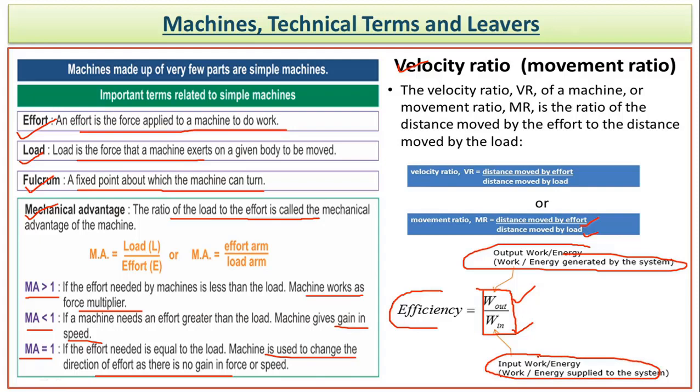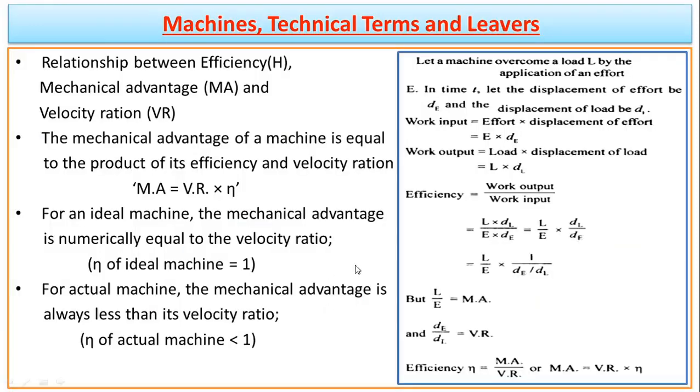Let's understand the relation between efficiency, mechanical advantage, and velocity ratio with each other. Here, you can have a simple calculation which will establish a relation between the mechanical advantage, velocity ratio, and the efficiency of a machine. Here you can pause the video and go through this simple calculation.